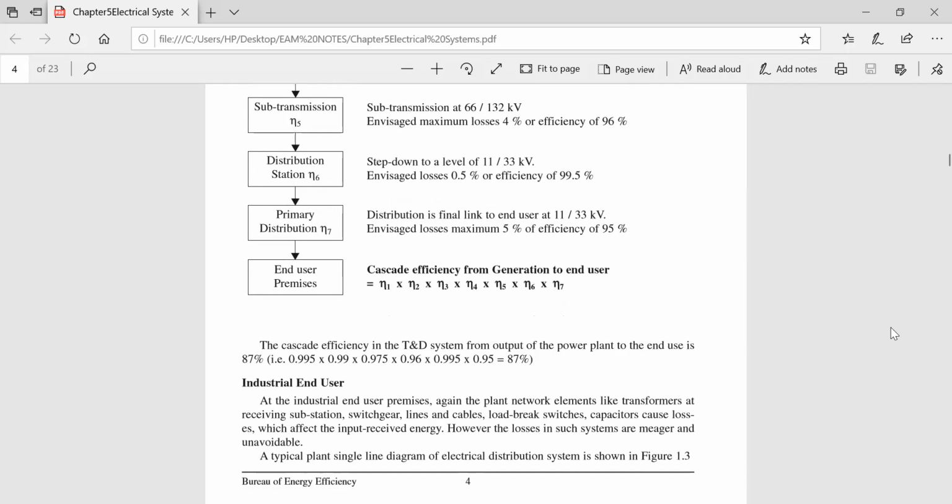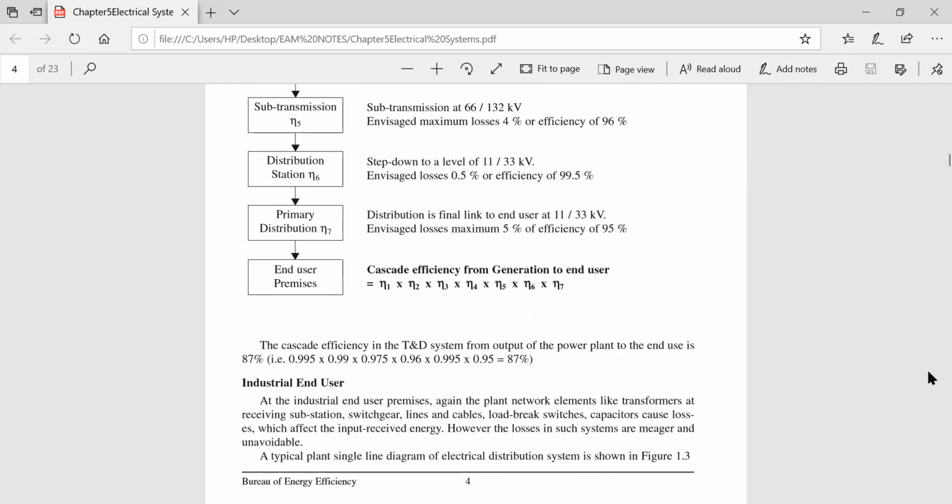So the cascade efficiency in the transmission and distribution system, from the output of the power plant to the end use, by calculating comes to 87%, right?